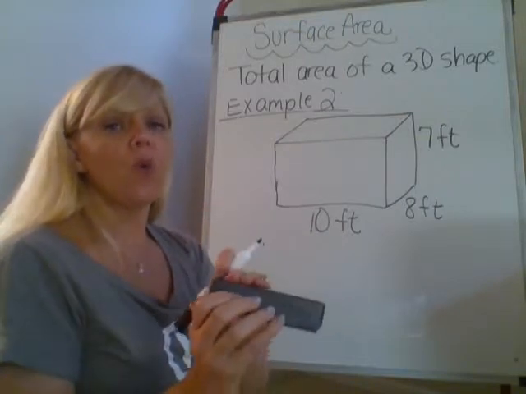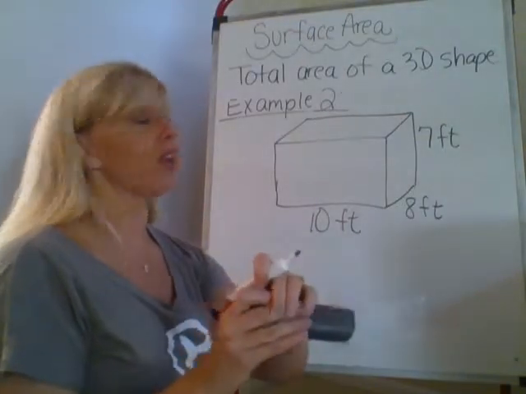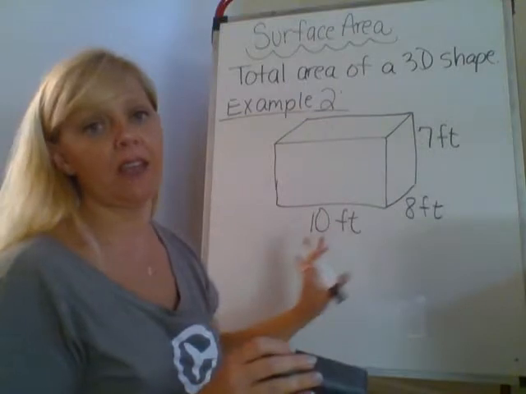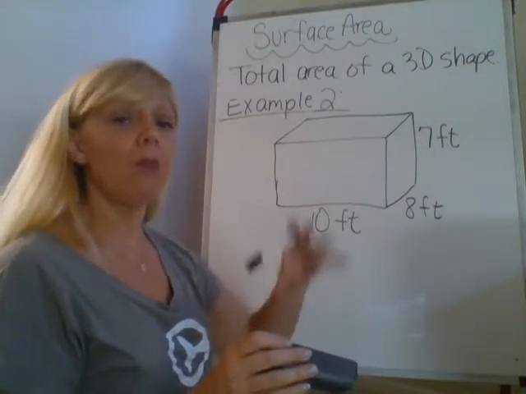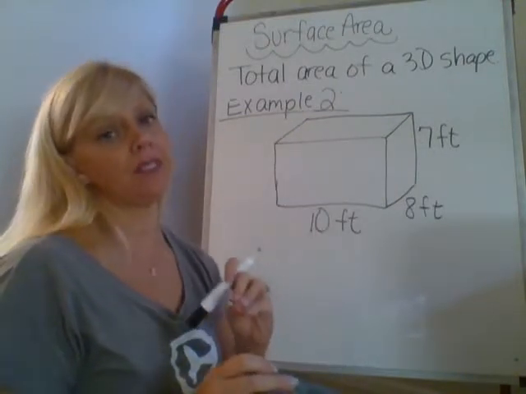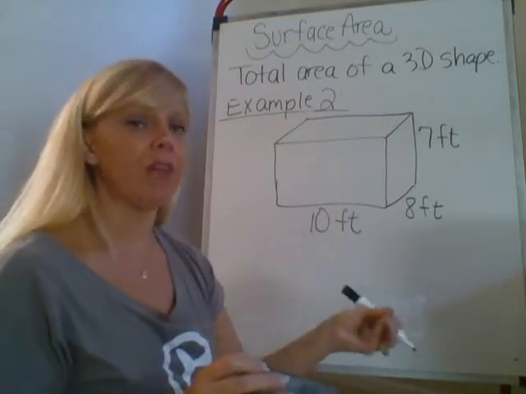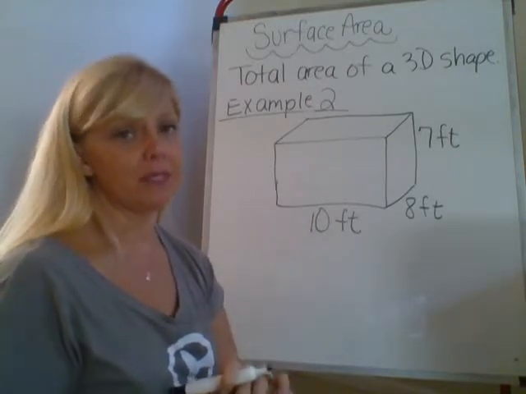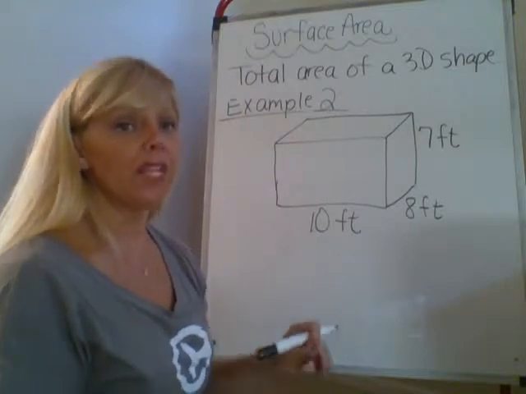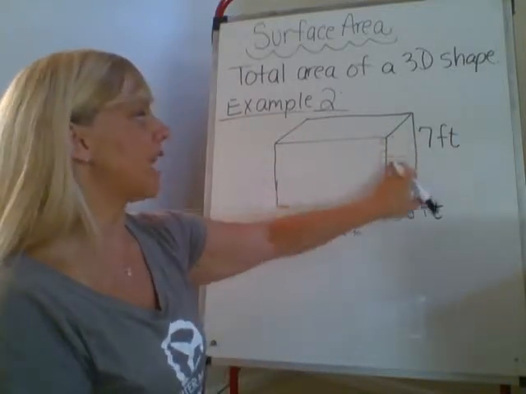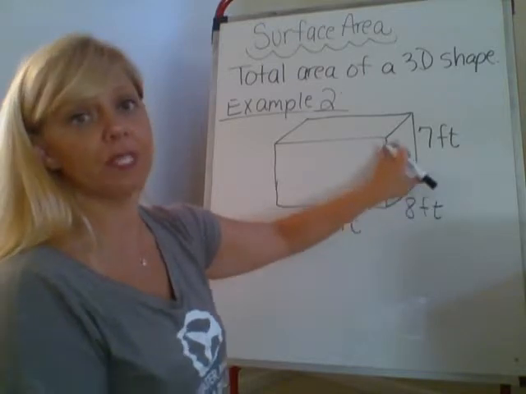All right. So when I do surface area, when the shape is not a net, I might mark the top and the bottom as the same, the front and the back as the same, and the left and the right side pieces as the same. So let's go ahead and do the side pieces first, the 7 times the 8.